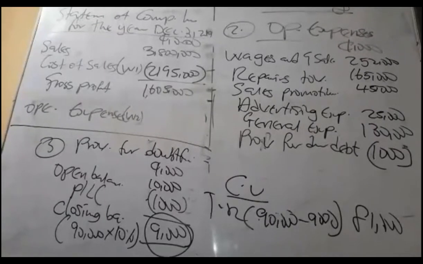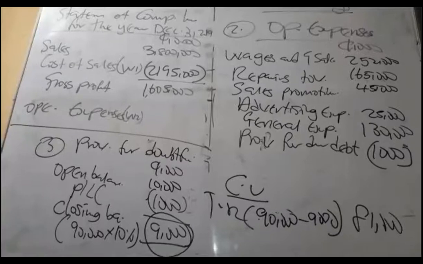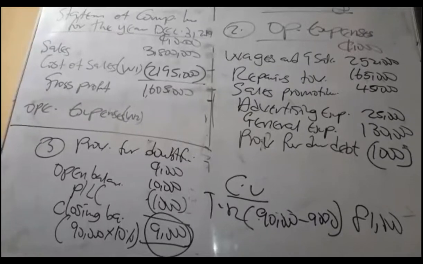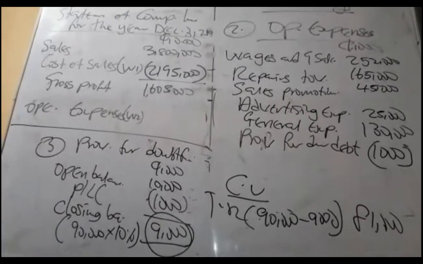So which of the notes mention admin or distribution cost? Okay, good.